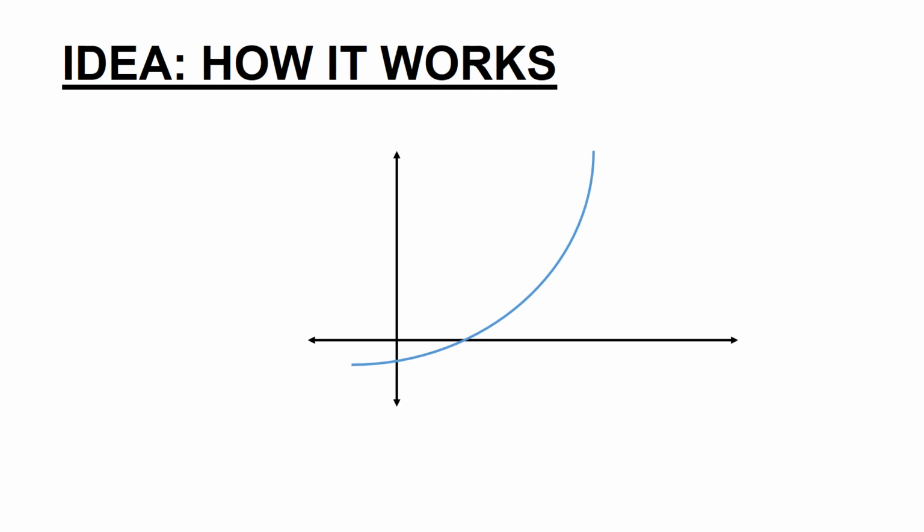So the main idea is that you just assume that there can be any curve. Of course, if there is a non-linear function, then there will be a curve. And if that curve is intersecting the x-axis, then you can simply say that this is your root.